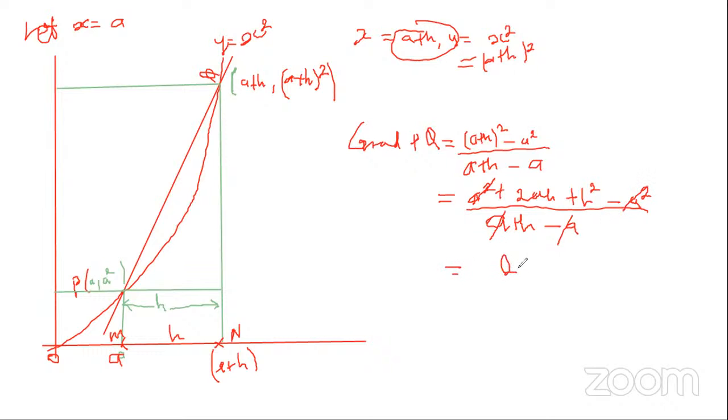So we shall remain with 2ah plus h squared divided by h. So on dividing through by h, we shall remain with 2a plus h. So that would be the gradient of PQ.